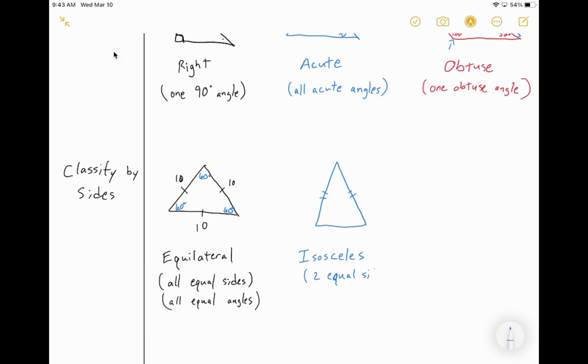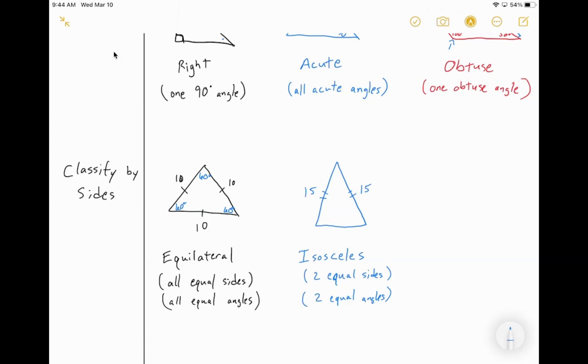Two equal sides, and also that means it has two equal angles. Okay, so for example, let's just say these are 15 and 15. Doesn't matter what the bottom one is.